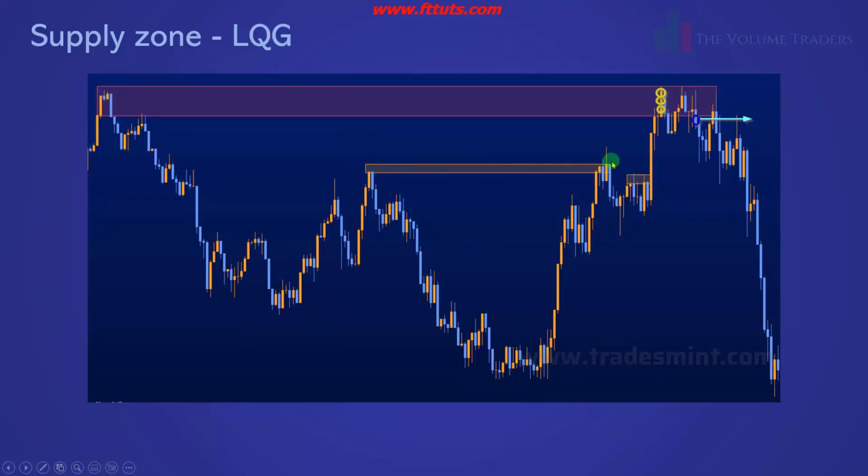Imagine you are a beginner and you see such a bearish candle, a nice rejection. In my opinion, high probability that it could be a sign to join the sellers, because we have resistance, double top, rejection, bearish move. Okay, I'm in, I'm placing my stop loss above.